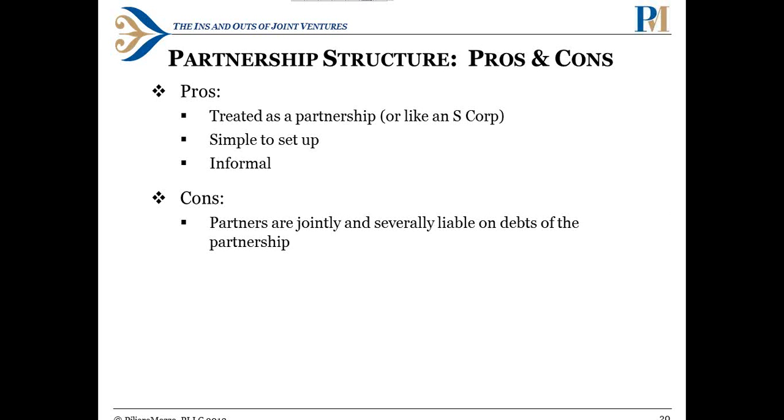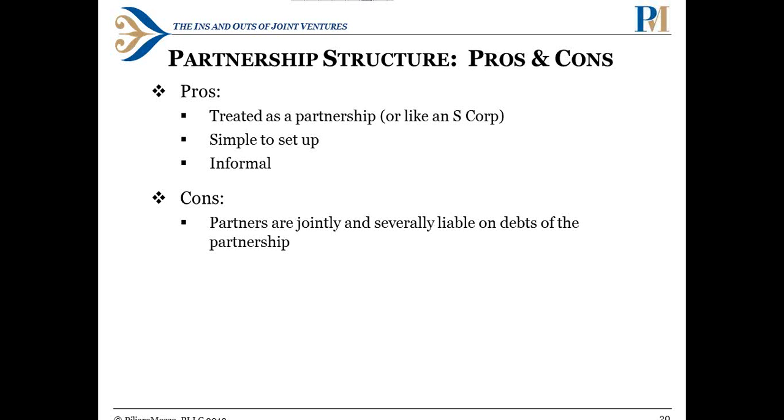Now, that can be all that you need to do. It depends upon the program and the purpose of the joint venture. If you're an SDVOSB going after a set-aside in that program or an 8A, you may have to also draft a joint venture agreement, which is more bare bones than the operating agreement, but sometimes it's all that the SBA wants to see. So I would say you have to look at that on a case-by-case basis.